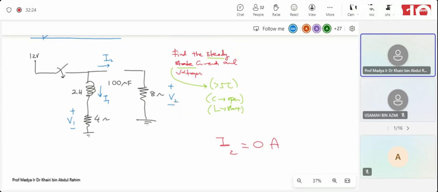And therefore V2 is also 0, right? And this becomes short circuit. And what's I1?